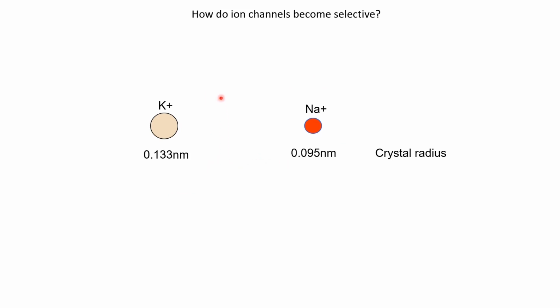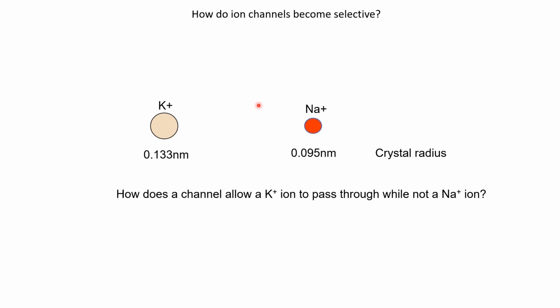But that does not explain how a channel can become specific to potassium, because if a channel has a large enough pore that allows potassium ions to pass through with this radius, then it should certainly be able to allow the sodium ions to pass through as well. So how do we get channels that are specific to potassium and that block sodium ions? That remains a puzzle.